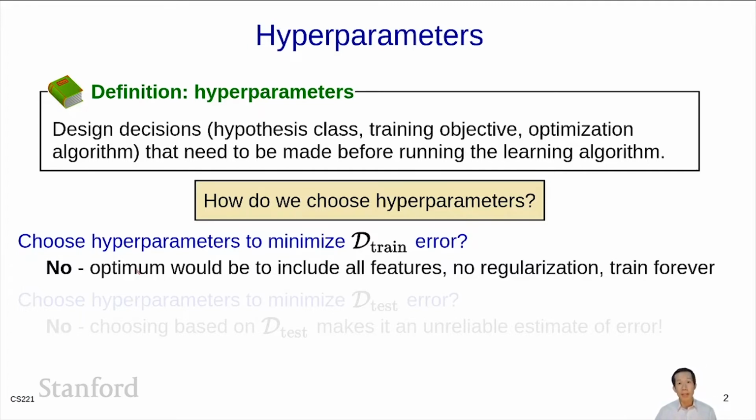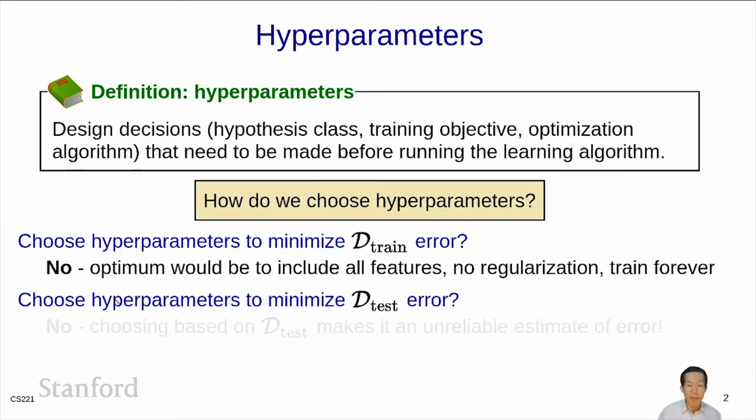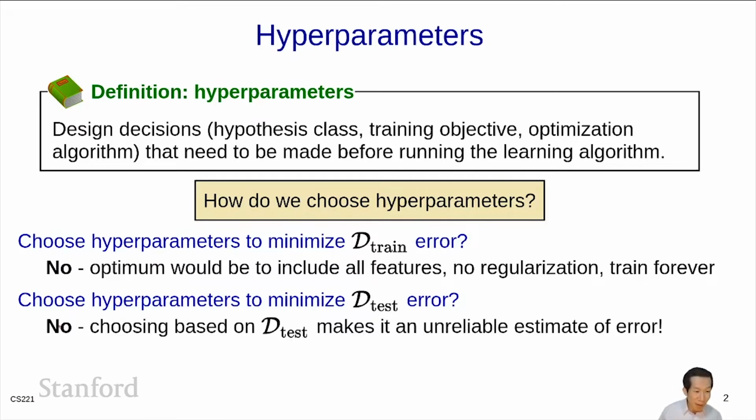But remember, the training loss is not the quantity that we care about. Okay, so how about we choose the hyperparameters to minimize the test error? This might generate actually good hyperparameters, but this is also bad because now you're looking at the test set, which makes it an unreliable estimate of the actual error.